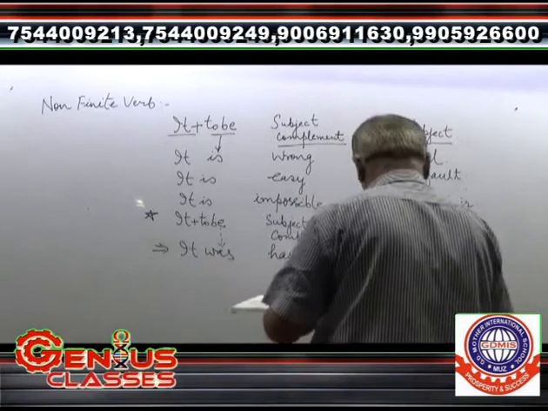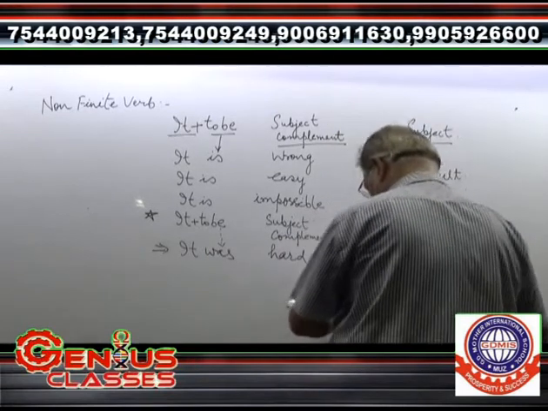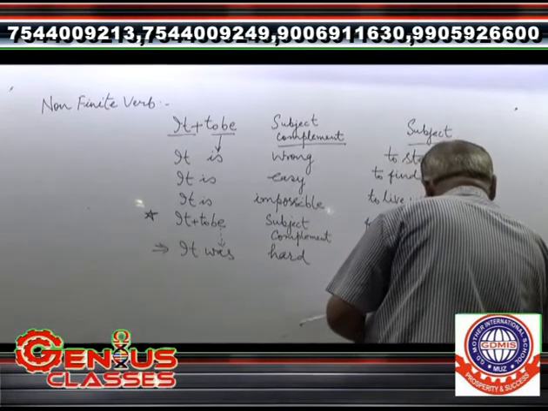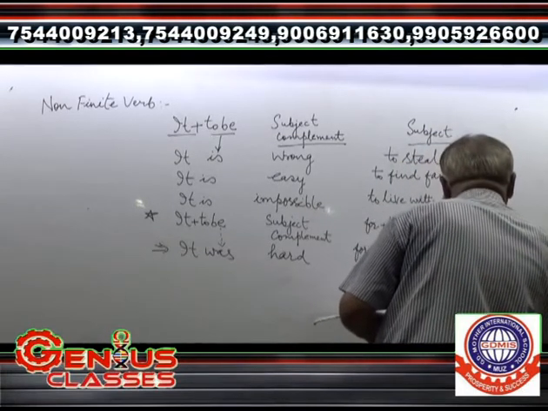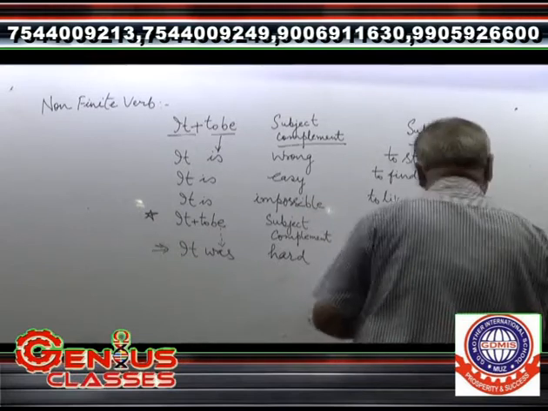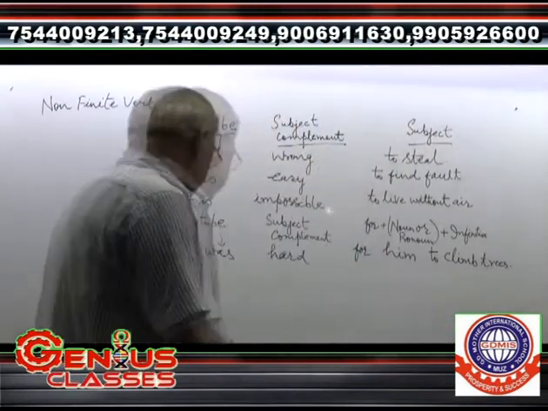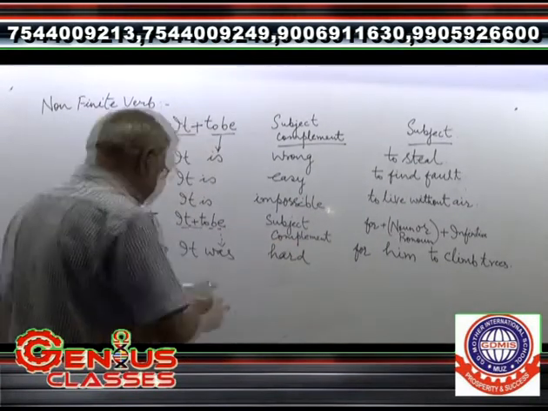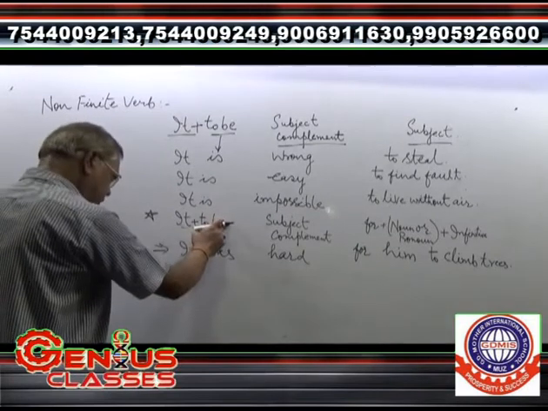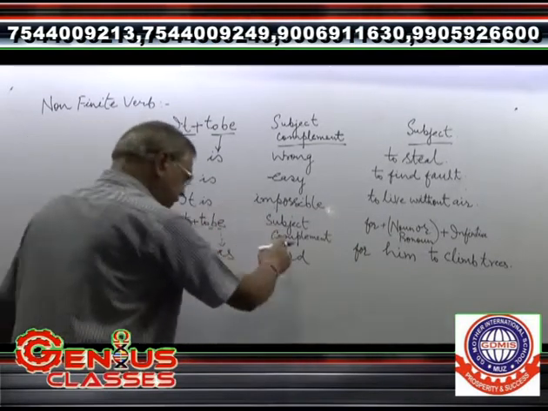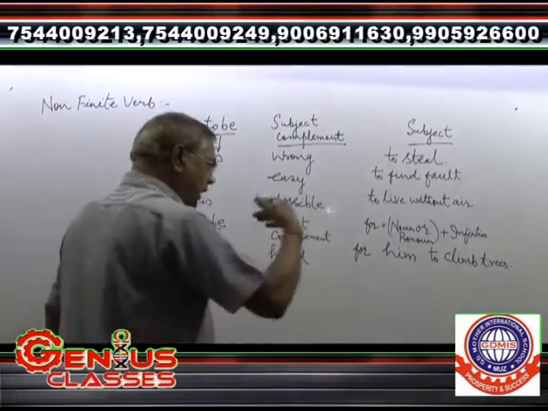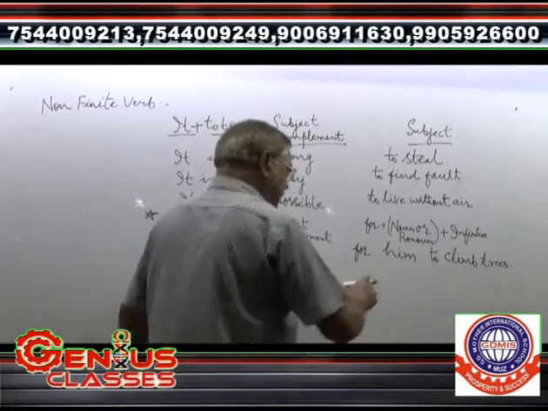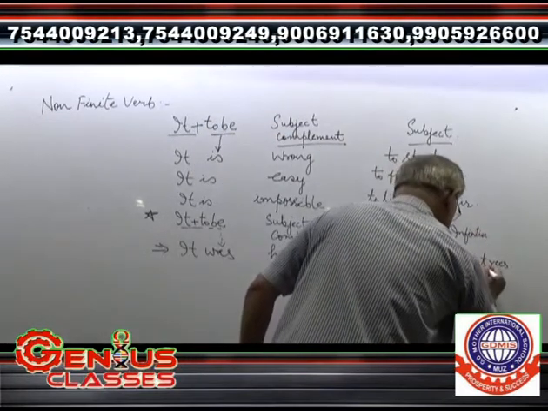It was hard for him to climb trees. So according to this formula, have a look that it, then for be, was, then subject complement, hard, and afterwards for noun or pronoun, for him, and then infinitive, that is to climb.